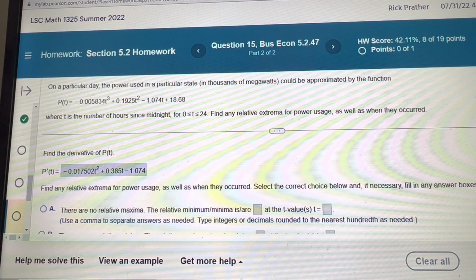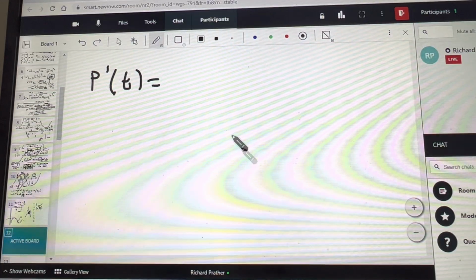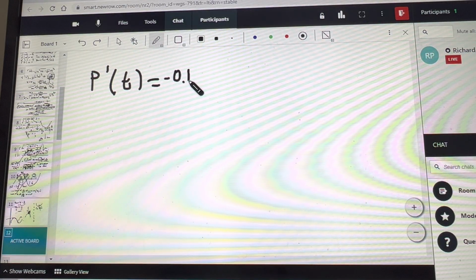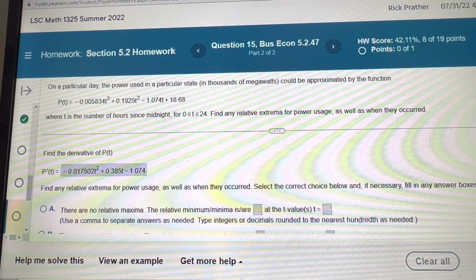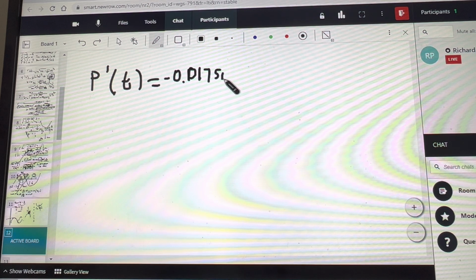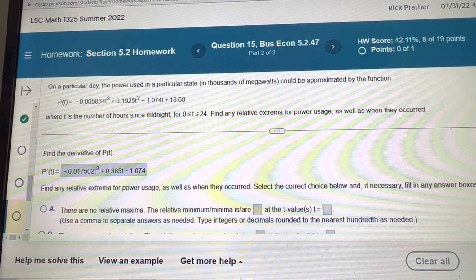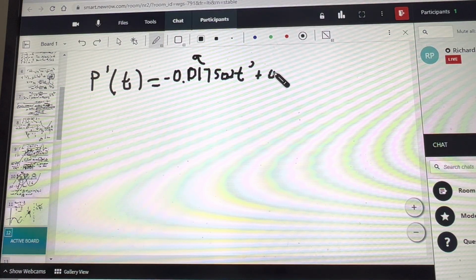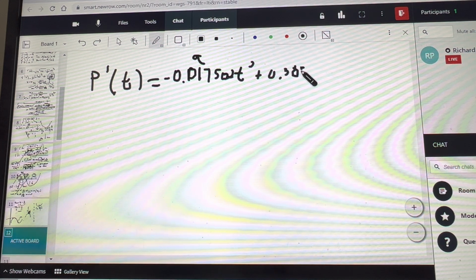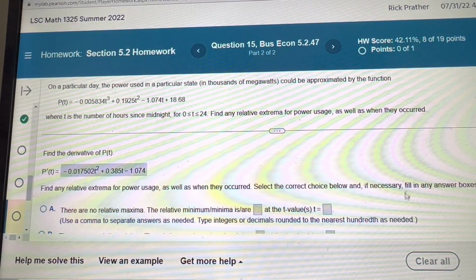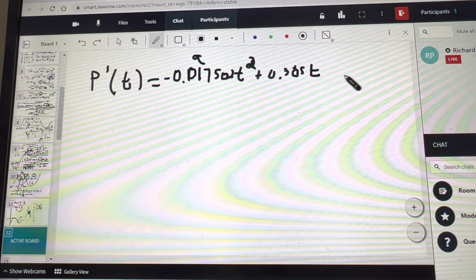So take your derivative function, negative 0.017502 t squared, that's A, plus 0.385t, that's B, and then minus 1.074.